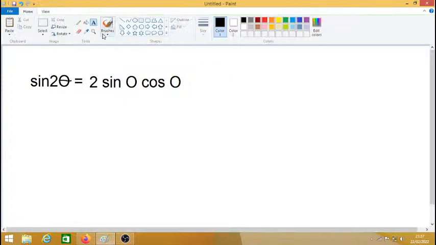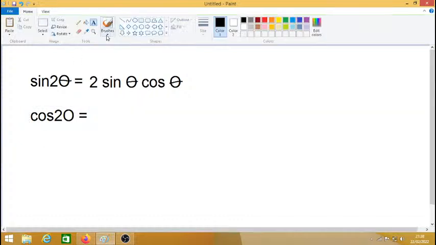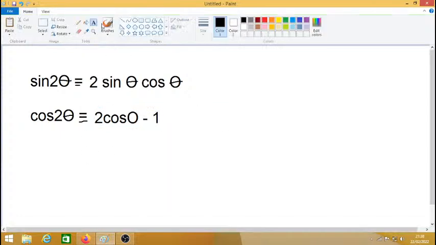Then you've got the cos 2 theta one, but there's not just one of them, there's quite a few. So let's see if you can remember them all. First one, cos 2 theta is identical to 2 cos squared theta minus 1. That's one version of it.